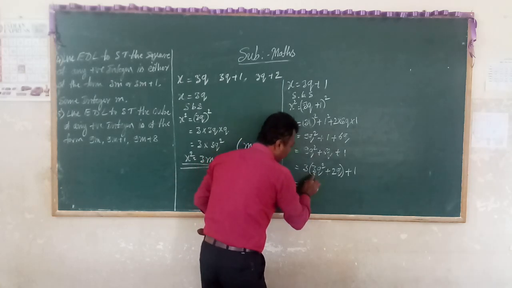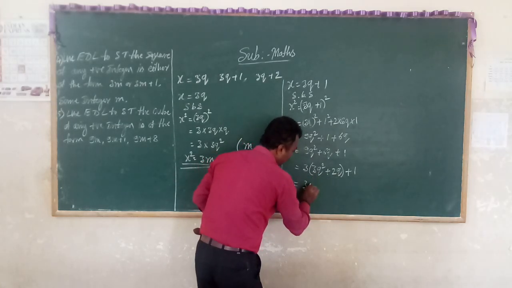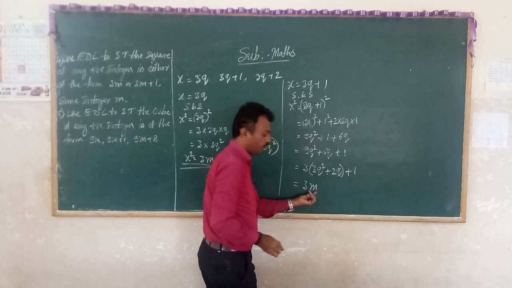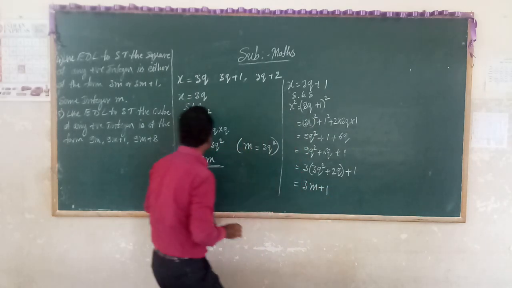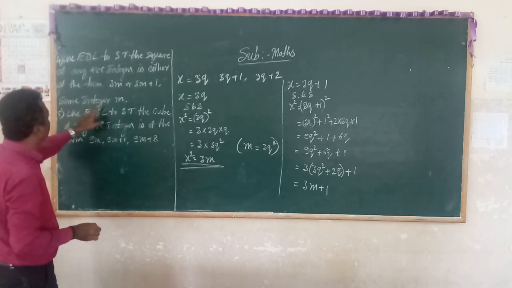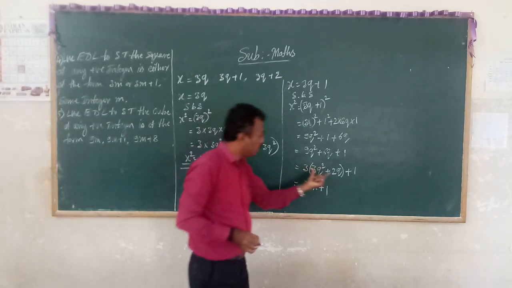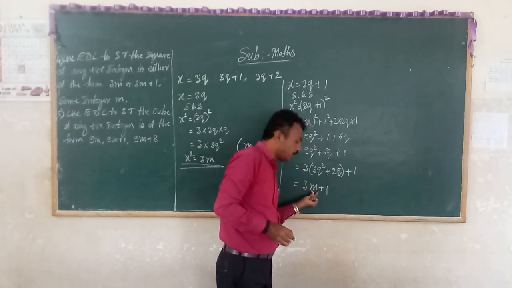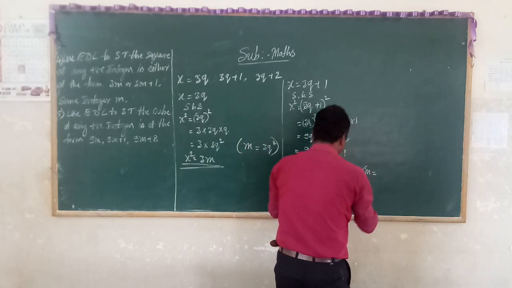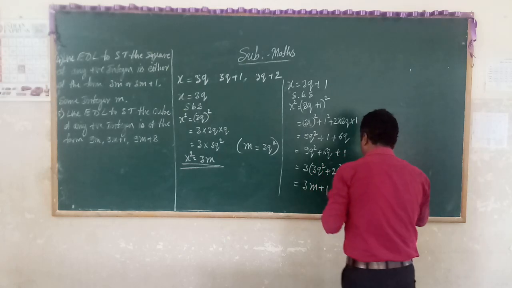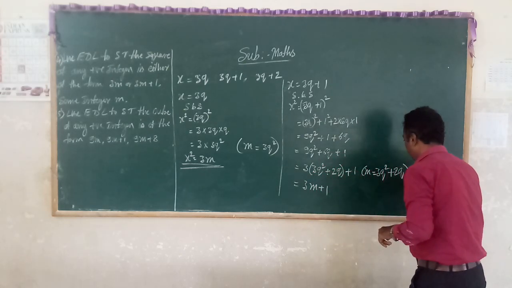So here 3 into 3q square plus 2q is in the form of 3m. The value should be m. In general, m is some integer. In the question it is told that m is some integer, so this value is indicated as m. Therefore m is equal to 3q square plus 2q.